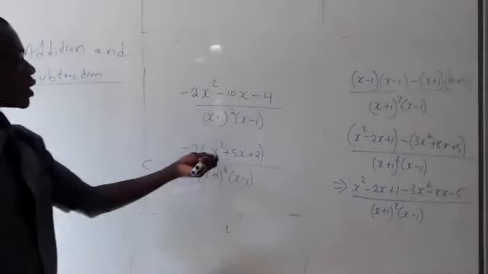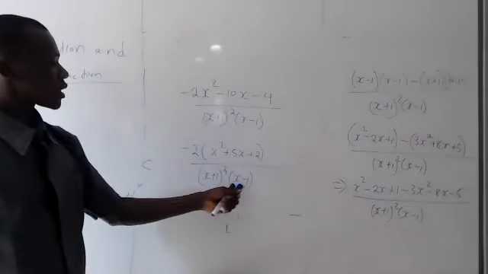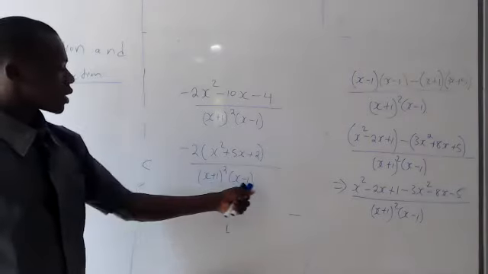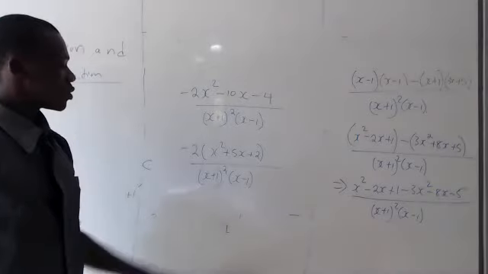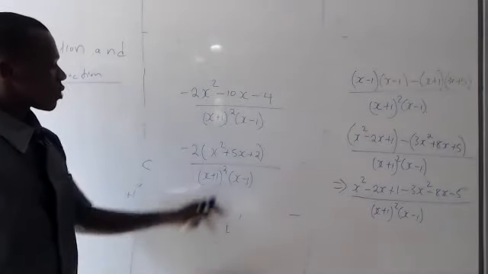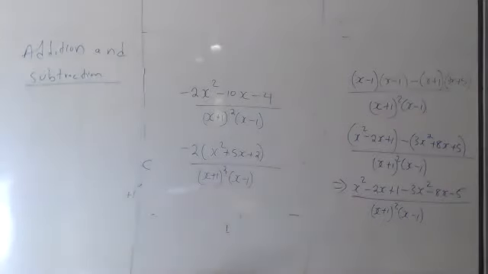You will have a numerator which has one of these as its factors, either x plus 1 or x minus 1. Most likely x plus 1 will be a factor because we're taking x squared minus 1, so you will have an extra x plus 1 in your numerator. But it's possible, it can be done.